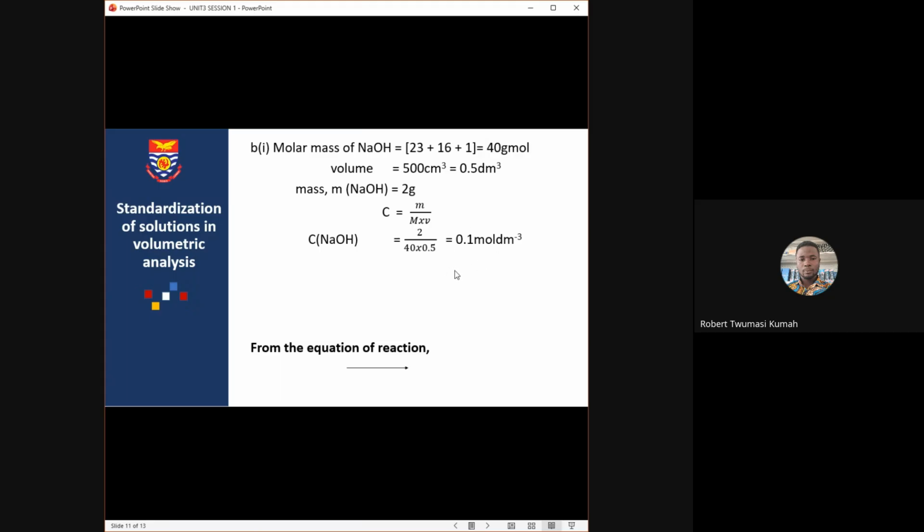Okay. In other words, this is what it means. A chemist went to the lab and then he put 0.1 moles of sodium hydroxide into 1,000 cubic centimeters of maybe distilled water to form the solution. Friends, do we understand?